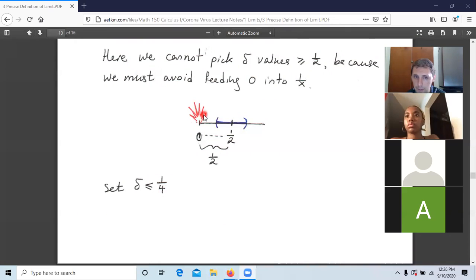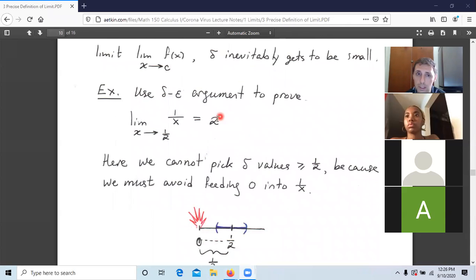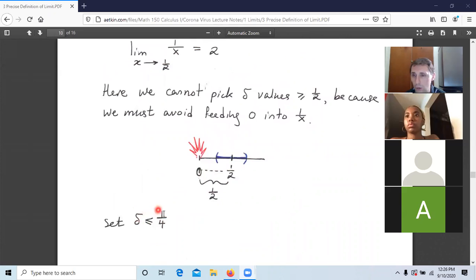Because you see, the biggest delta I could pick here is 1/2, because it's 1/2 minus delta, 1/2 plus delta. I don't want to include 0 as one of the inputs that I'm plugging into my machine because it's not able to digest 0. So I decided to work with deltas that are 1/4 or less. Not 1 as I did before, but 1/4 and less for this example.